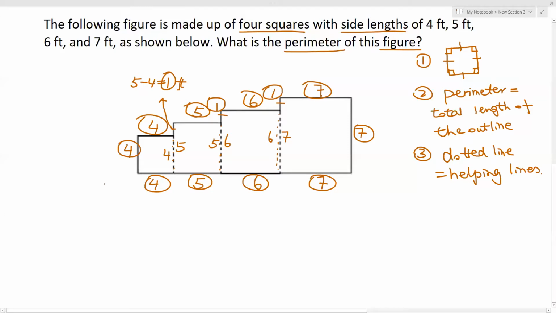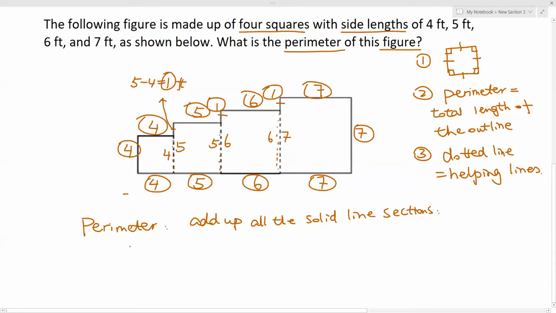Okay, so perimeter, I'm going to write down here. Perimeter: add up all the solid line sections.